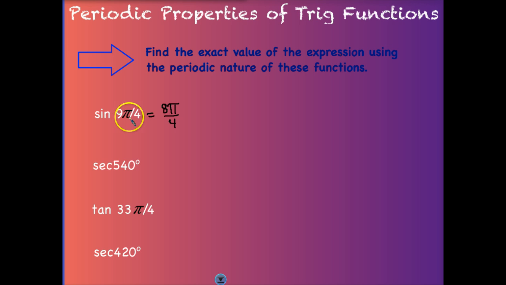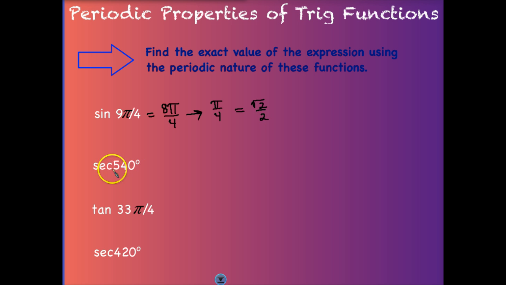So if we pull 8 pi over 4 out of this, what do we have left? We have just pi over 4. So ultimately, we need to find the sine of pi over 4. Well, the sine of pi over 4 is just root 2 over 2.